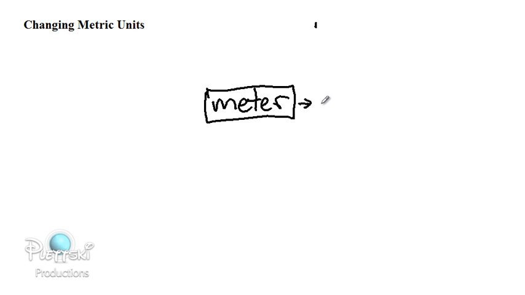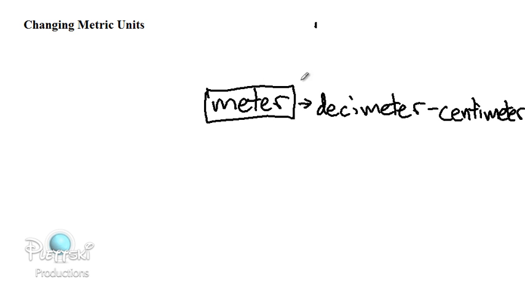The next smallest to a meter is a decimeter. And then next to that would be a centimeter. Okay, now we're going smaller to the right here. So if we had 1 meter, it's actually going to be 10 decimeters.